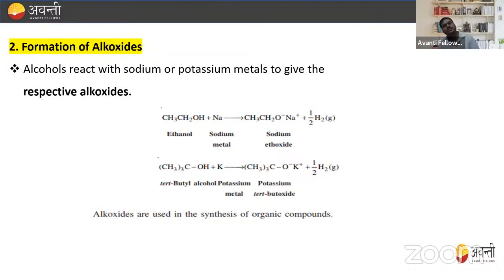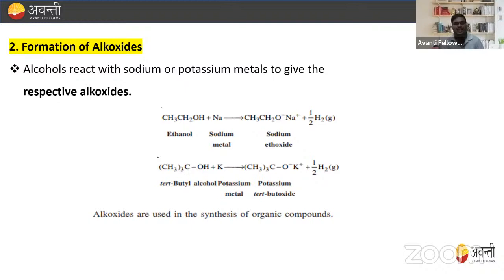Now, the formation of alkoxide. So how will the formation of alkoxide take place? Alcohol reacts with sodium or potassium metal to give the respective alkoxide.